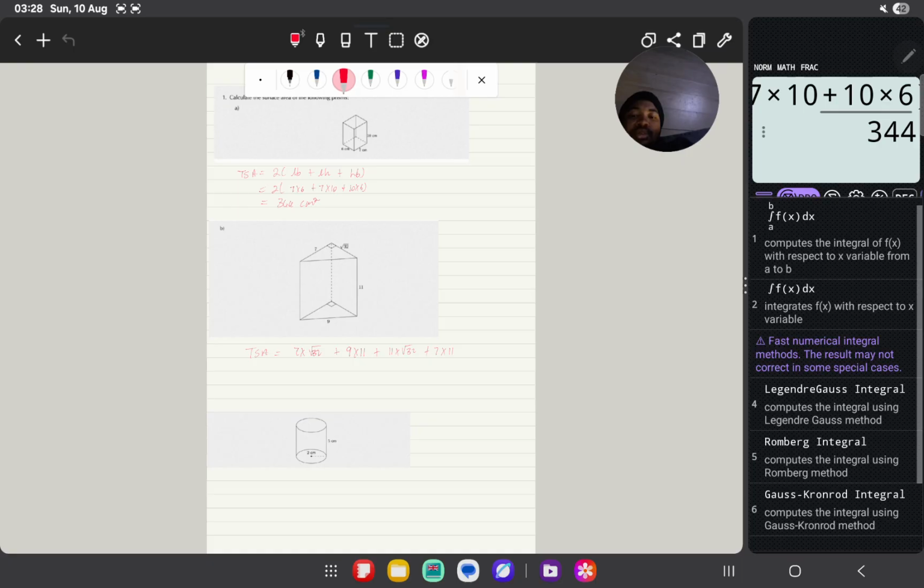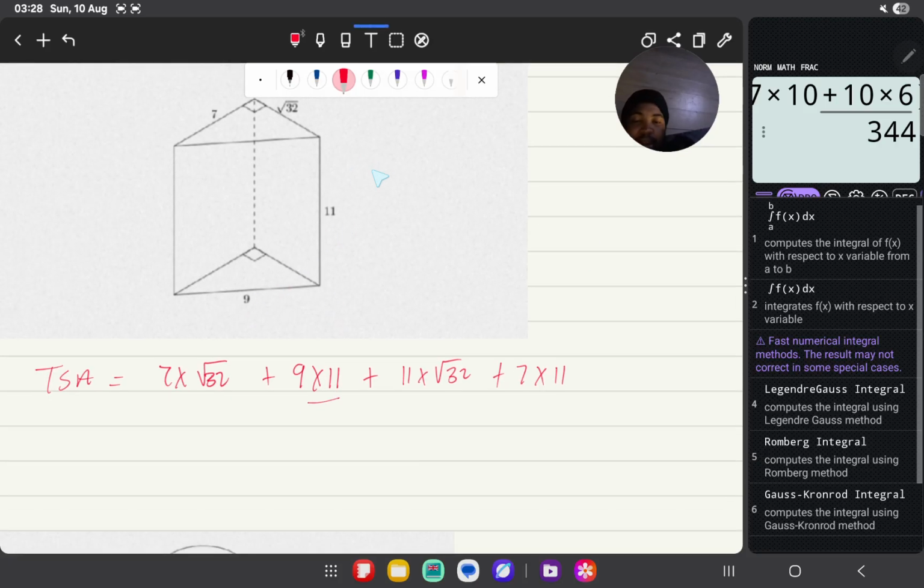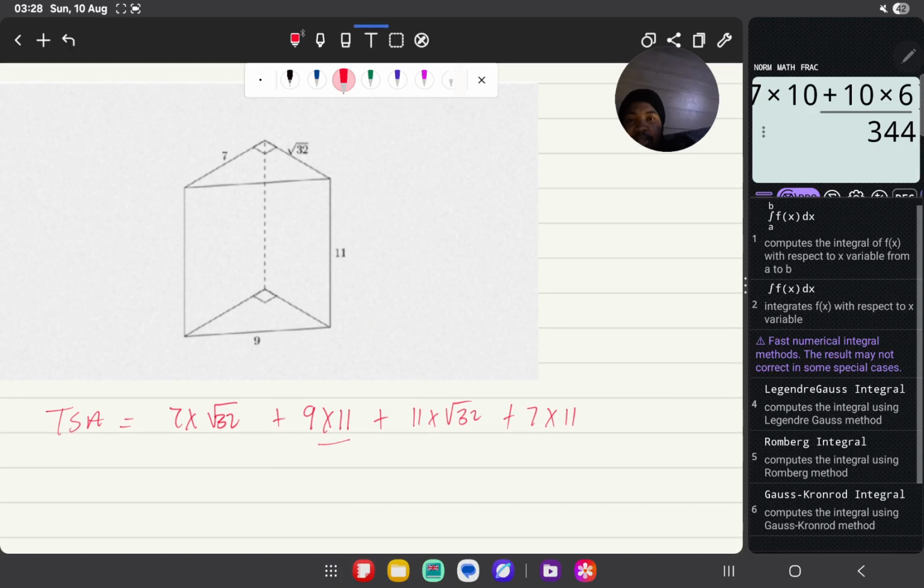So when you do the net here, you'll see that you have the base, which is 11 times 9, the area, and then you have that other side. It's 3D, so it's hard to point at it, but that other side you have 11 and the square root of 32. You find the area, and that other side you have 7 and 11.